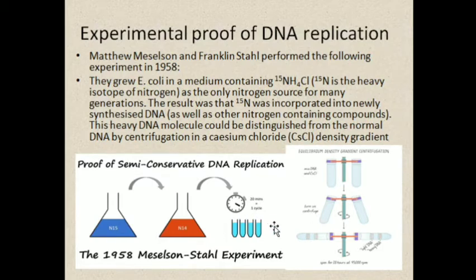So every 20 minutes they were analyzed, and the DNA was centrifuged by cesium chloride density gradient centrifugation, and therefore the DNA formed bands, as you can see here, depending on the density. The heavy DNA was at the bottom, and the lighter DNA was above it. So depending on the density, different layers were formed.